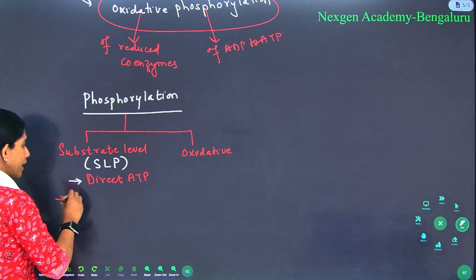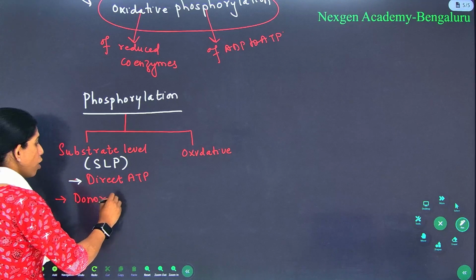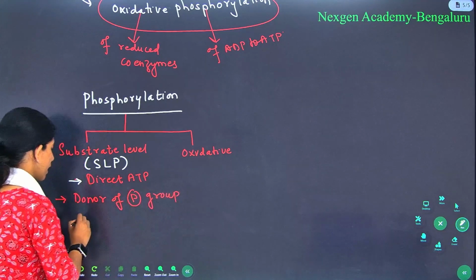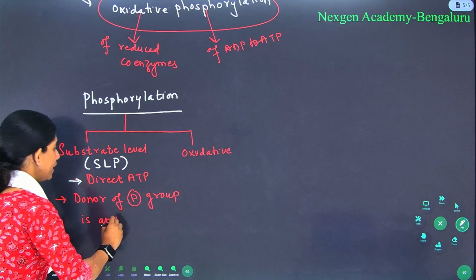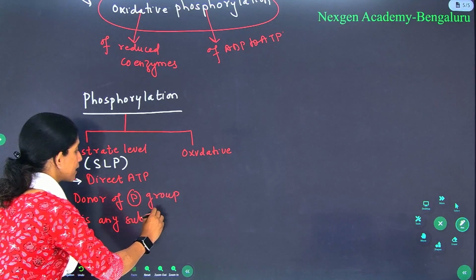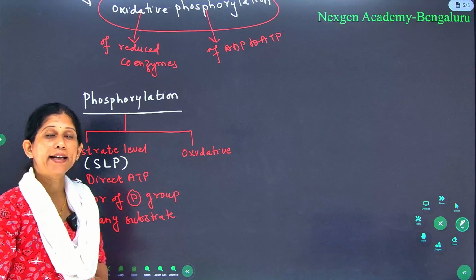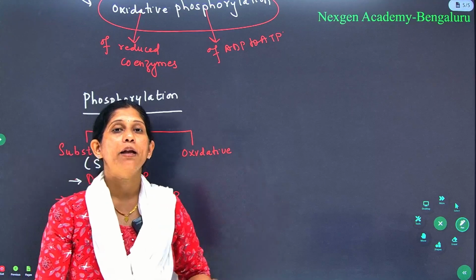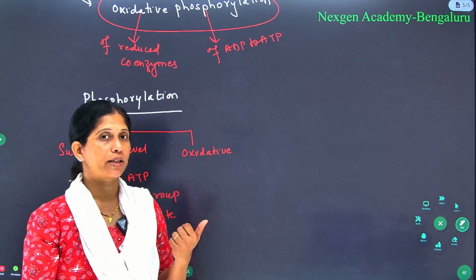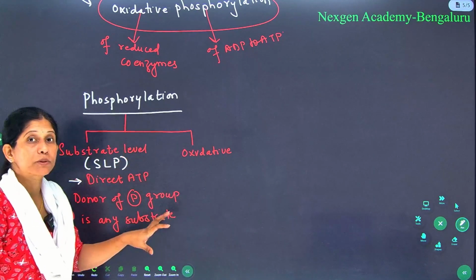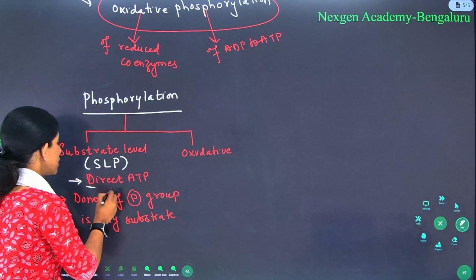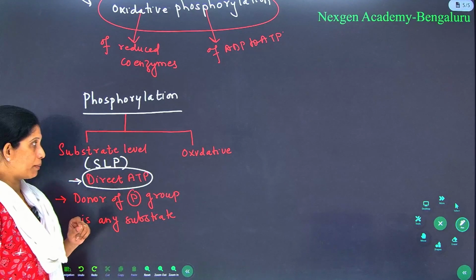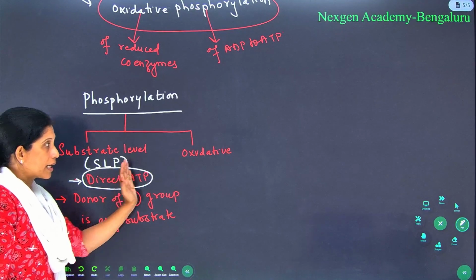In substrate level phosphorylation, the donor of the phosphate group is a substrate. Any phosphorylated substrate can donate the phosphate group, which is accepted by ADP and helps in the formation of ATP, right? That is what we call substrate level phosphorylation, which we can also call direct ATP, and we should remember that. Now come to this side, right?